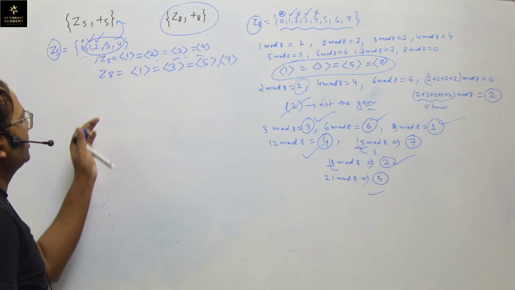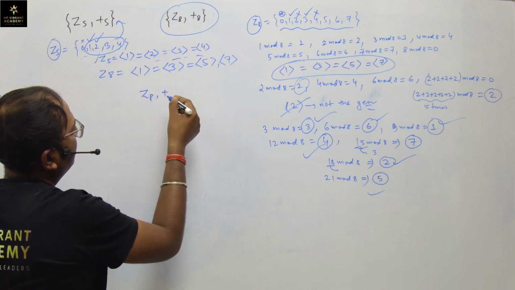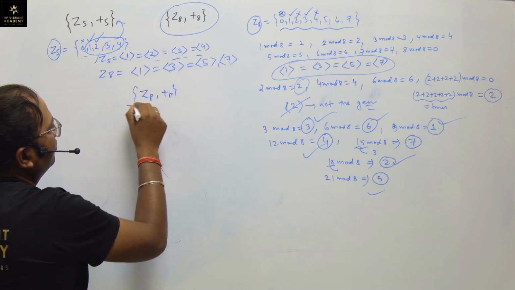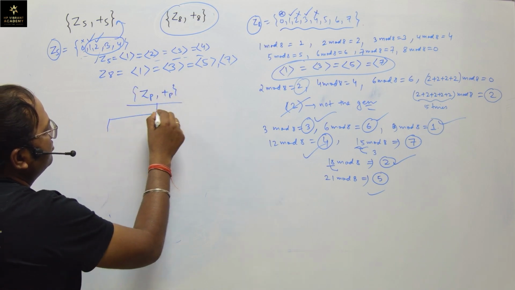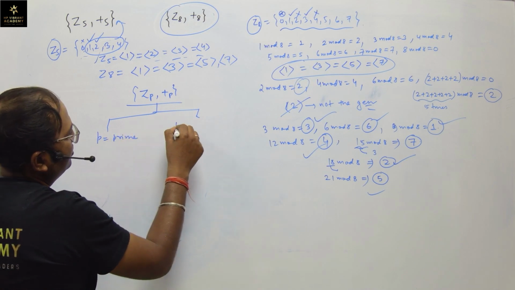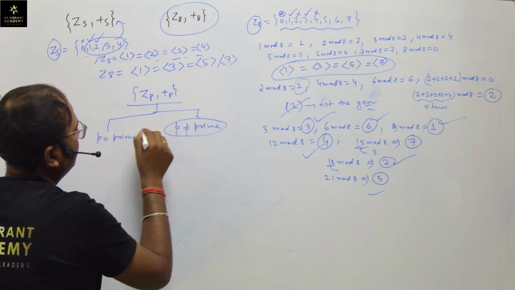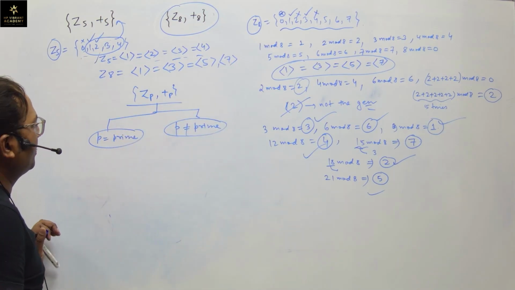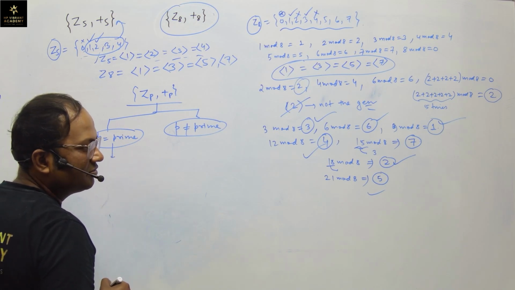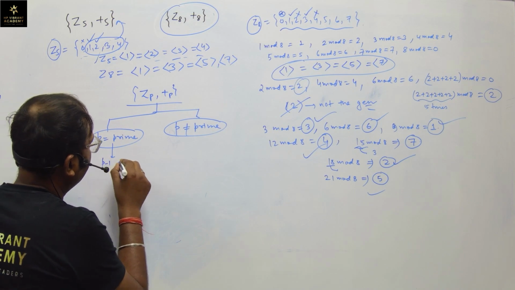So the concept here is that ZP forms a group under addition modulo P. We have two cases: P is prime and P is not prime. When P is prime, all the elements except 0 are generators. So we have P minus 1 generators.